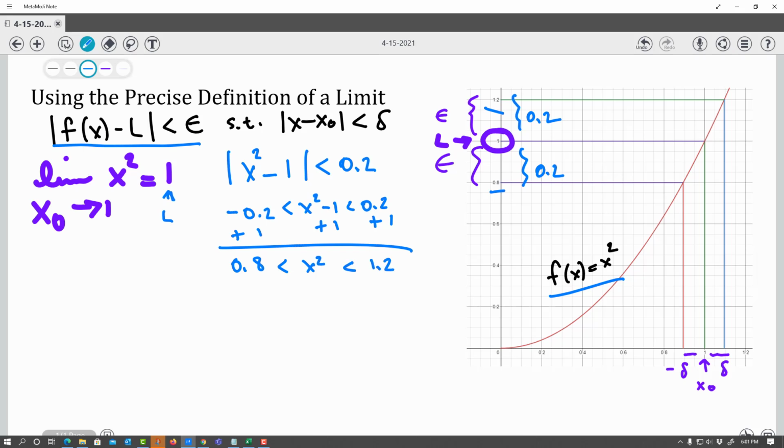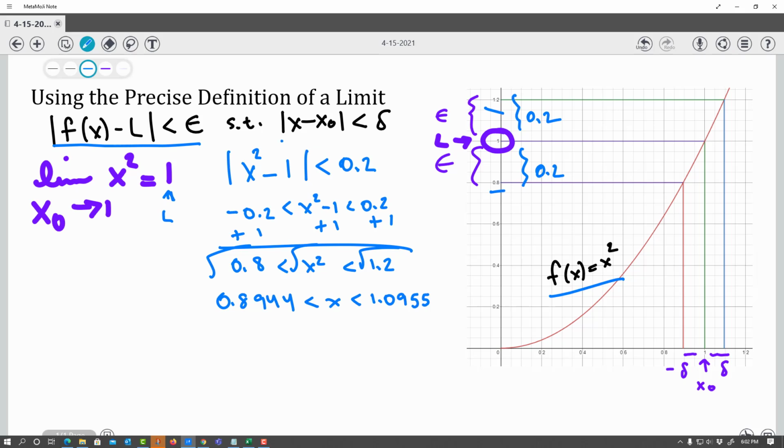And now finally, I would square root all the pieces to get 0.8944, we'll round it there, less than x, less than 1.0955. All right, so that's this first step.